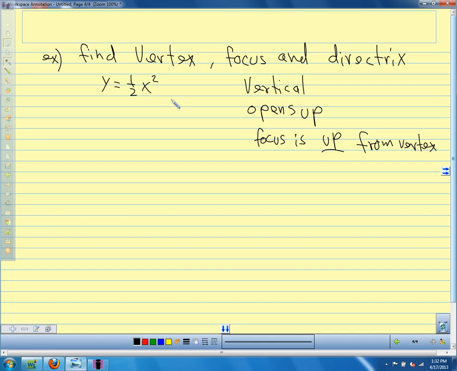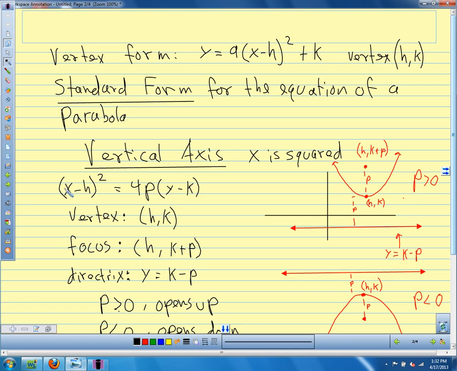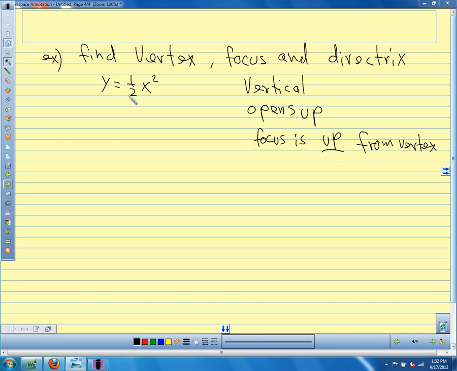So I'm going to rearrange this into standard form. In standard form, we have the x squared part by itself and everything else with the y part. So let's get the x squared part by itself. I'm going to multiply both sides by 2. I get x squared equals 2y.